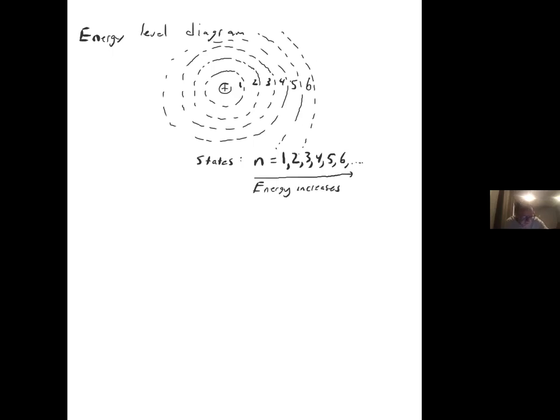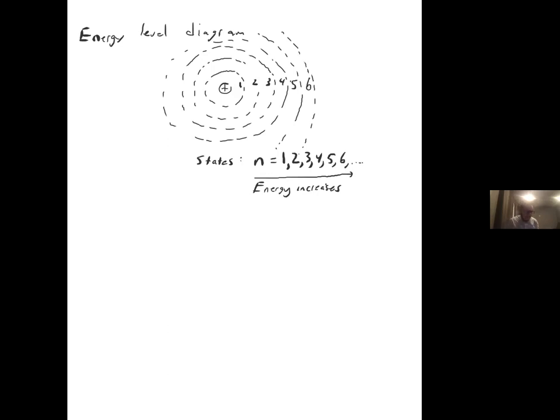So if an electron is up here, it would have more energy than if it were down there, closer to the nucleus. The closer it is to the nucleus, the less energy it has. The further from the nucleus, the more it has.